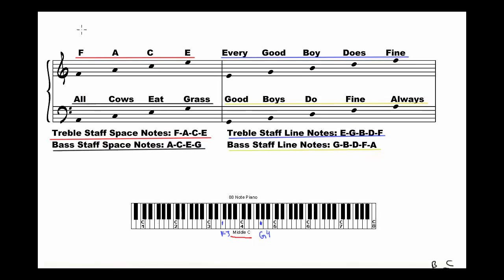So make sure to really practice these phrases, and it's going to be very helpful for you if you become very proficient at recognizing where the notes are. So everything will be much easier when we learn major scales, chords, harmony. You'll be able to recognize the notes much faster. So I guess the first step to becoming very good at music theory is knowing where the notes are on a staff.